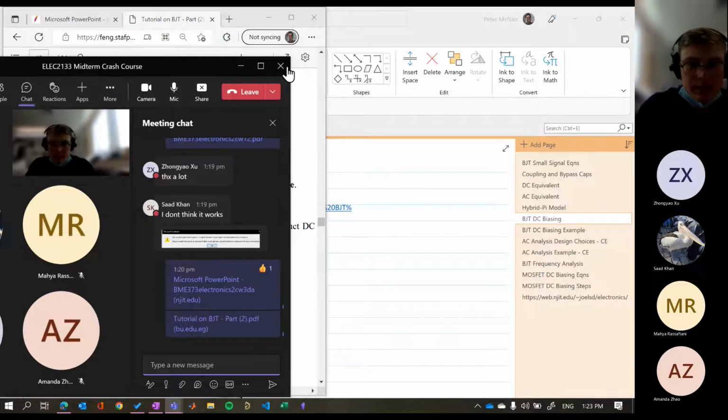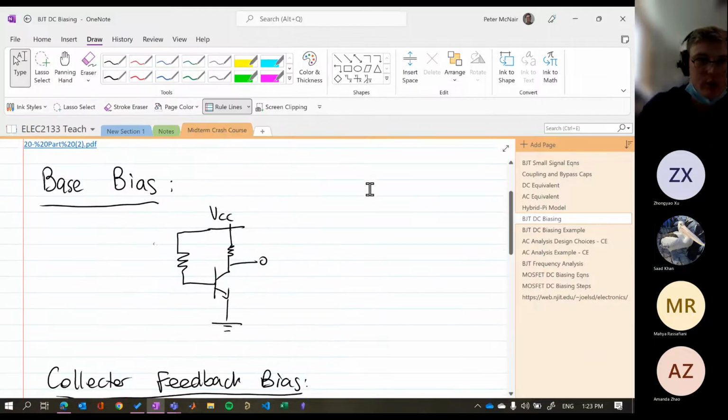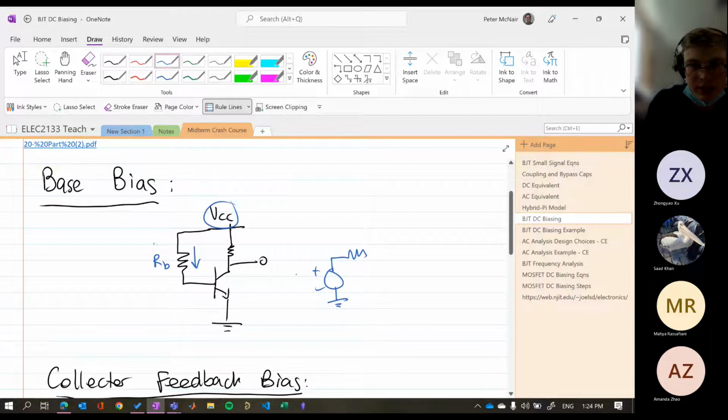The first way that we can DC bias is by connecting our base directly to VCC through a base resistor. This is probably one that you saw in lectures, a DC source, which might even have been shown as a battery.